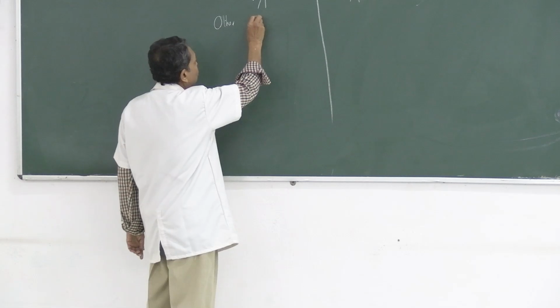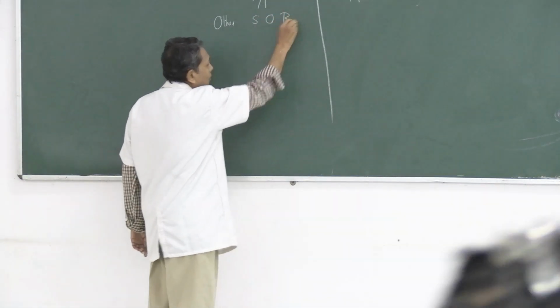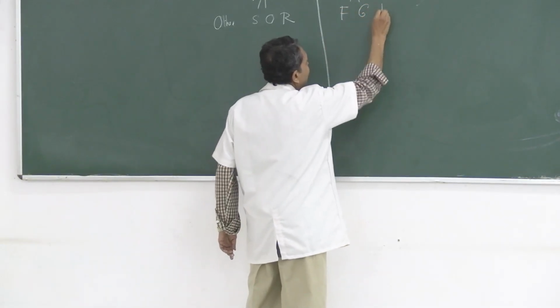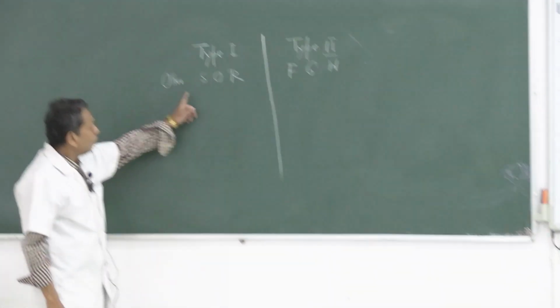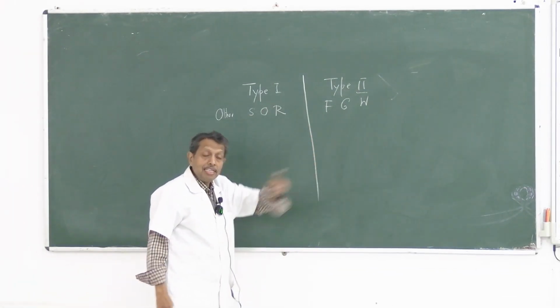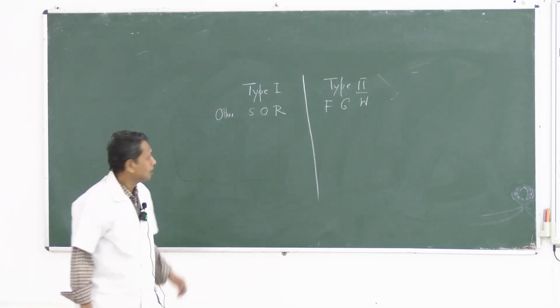Other names are slow, oxidative, red, and fast, glycolytic, white. Slow, oxidative, red, and fast, glycolytic, white. But each of them is a spectrum. It is a gross difference.